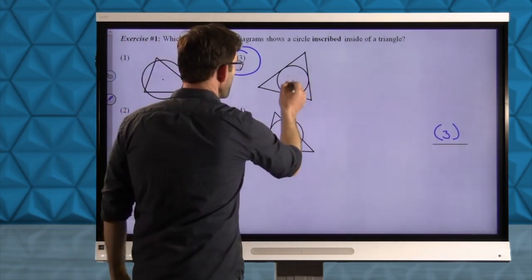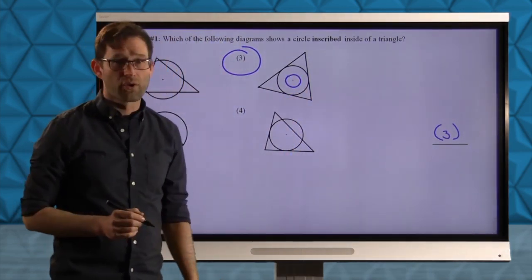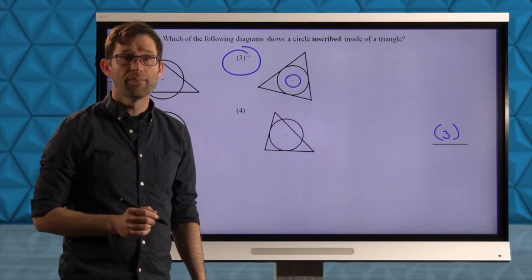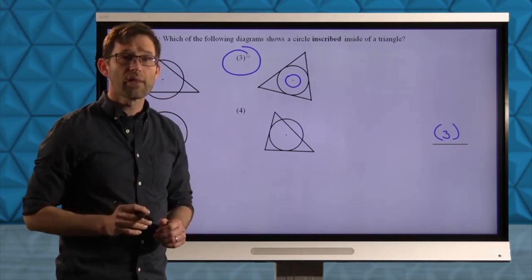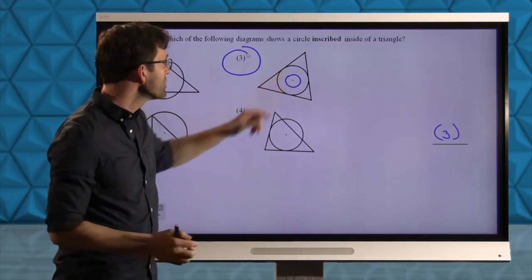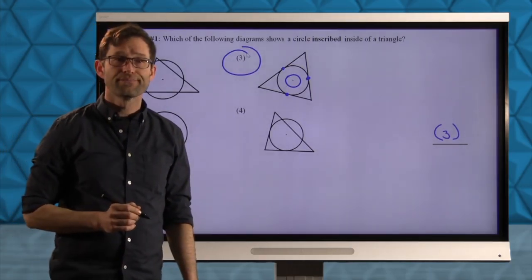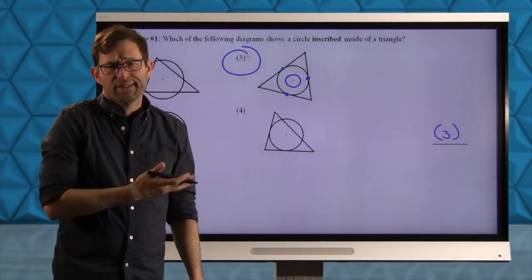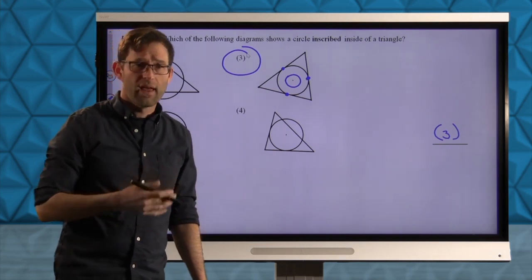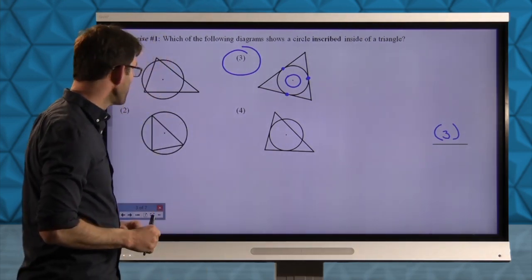But then again, another circle would lie entirely inside of the triangle, and that's not inscribed. It has to lie entirely inside of the triangle, and then it must intersect each one of the three sides just once at these things called tangent points.